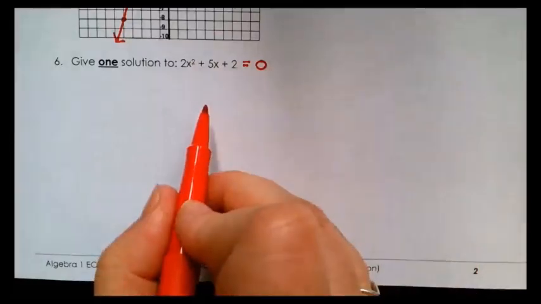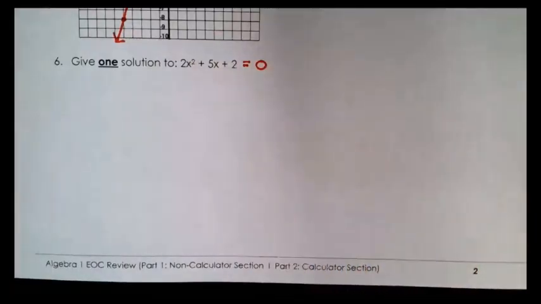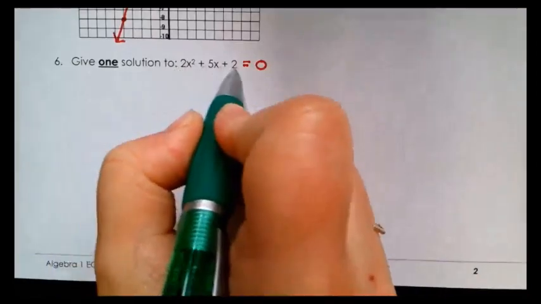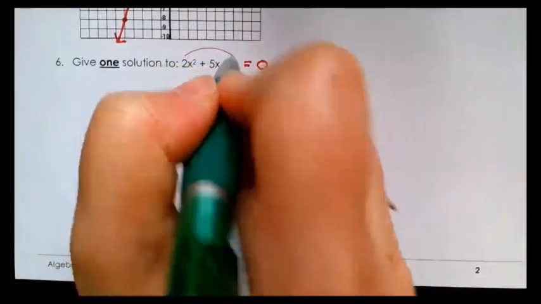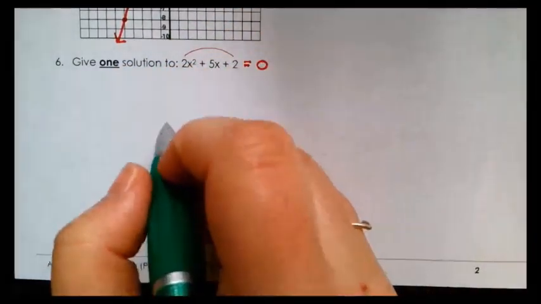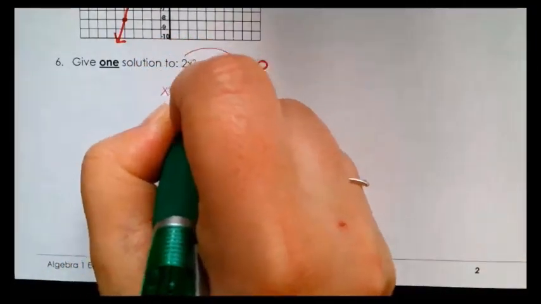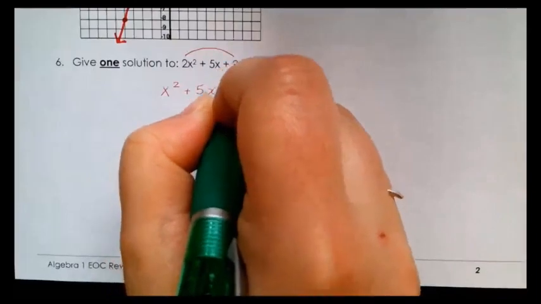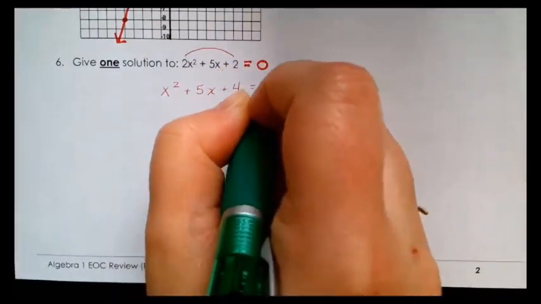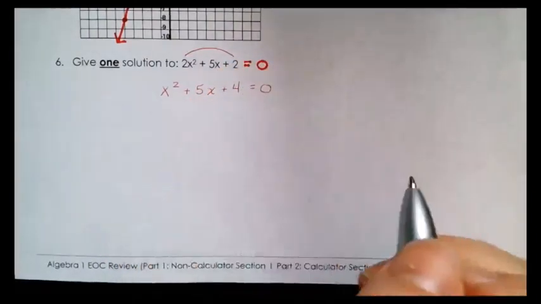Now, notice this is a quadratic, so we're going to do the same thing that we did in the first problem and use that AC method. So step 1 in that AC method is we're going to multiply 2 times the 2. And we get 4. So we're going to rewrite x squared plus 5x plus 4 is going to equal 0. Ignore the equal 0 for now.